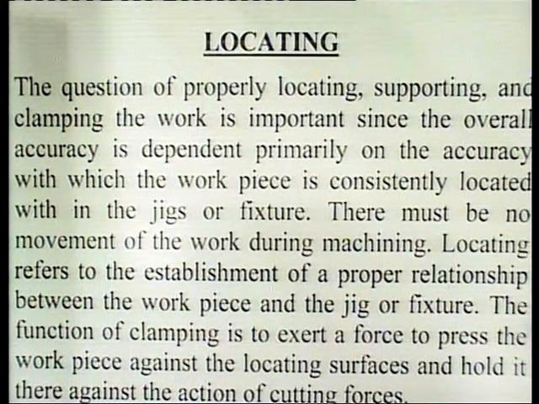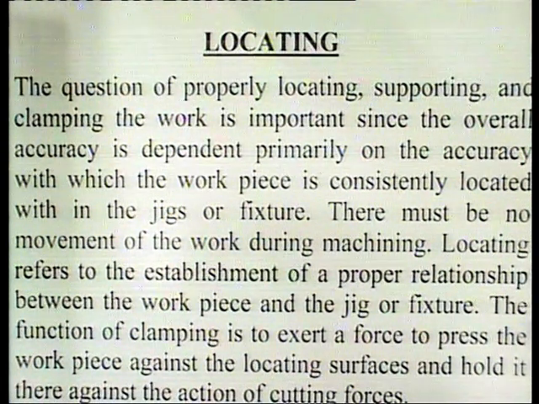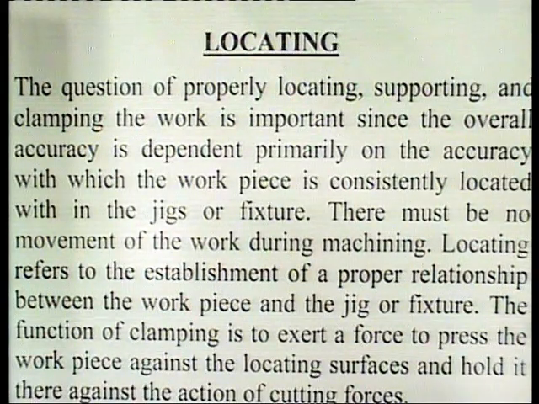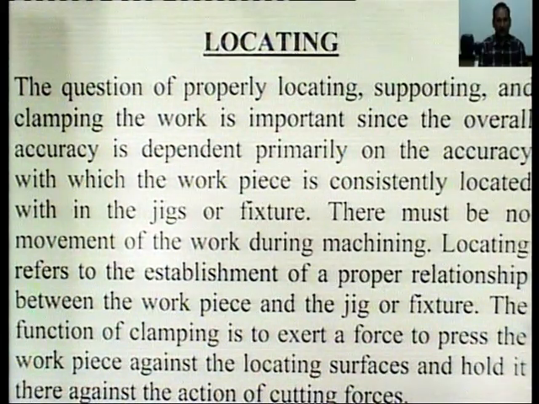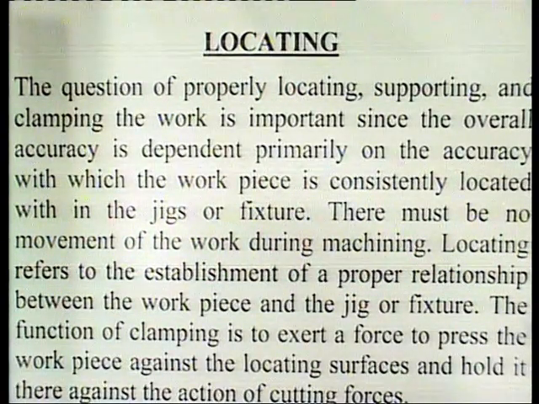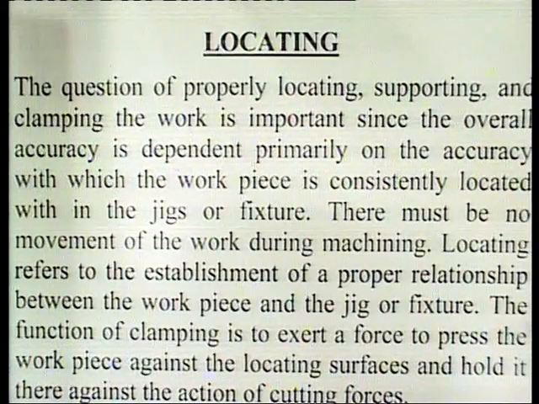There must be no movement of the work during machining. Locating refers to the establishment of a proper relationship between the workpiece and the jig or fixture. The function of clamping is to exert a force to press the workpiece against the locating surfaces to hold it there against the action of cutting forces.